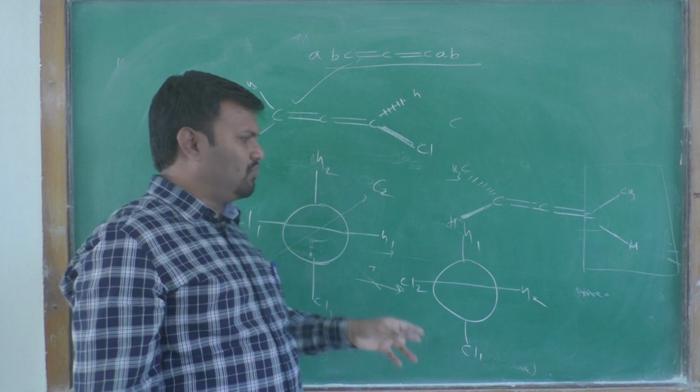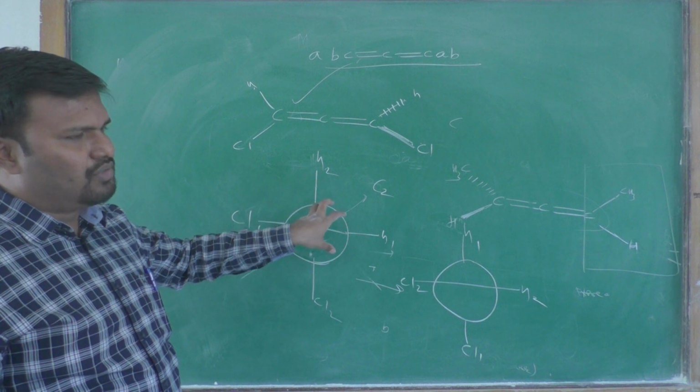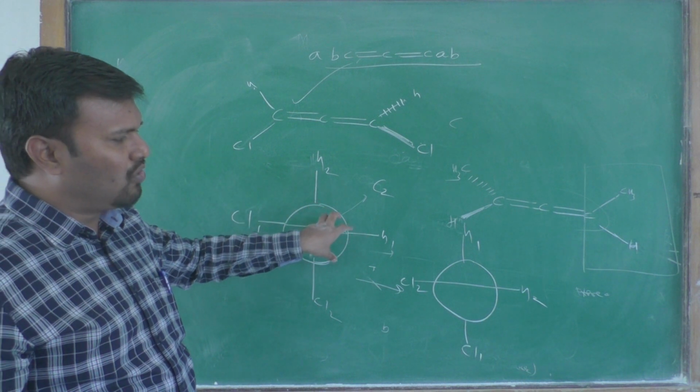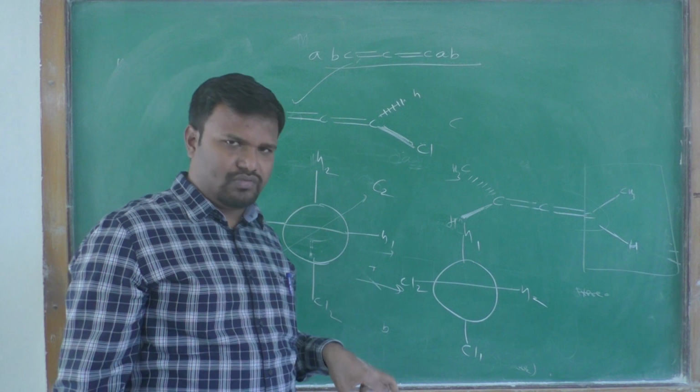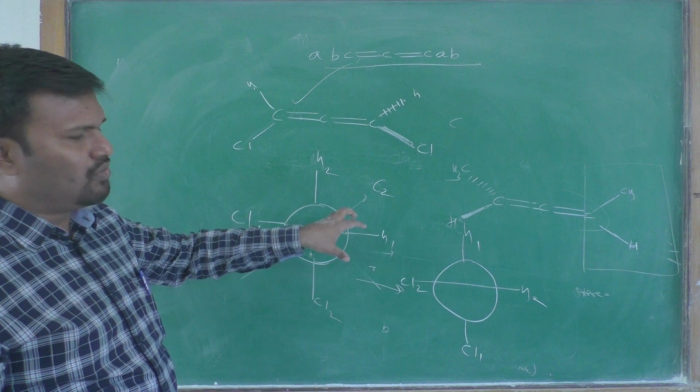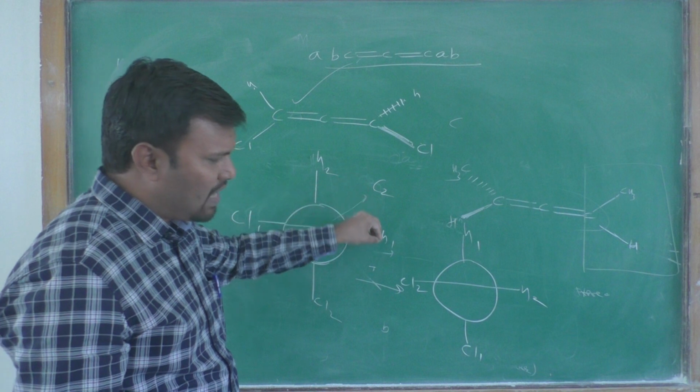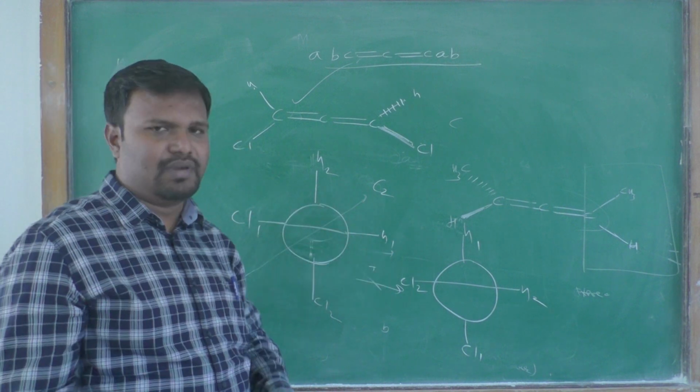Therefore in this molecule a C2 axis of symmetry is present, so we do not consider this molecule as an asymmetric molecule. When a C2 axis of symmetry is present and your molecule is optically active, then you consider it a disymmetric molecule.